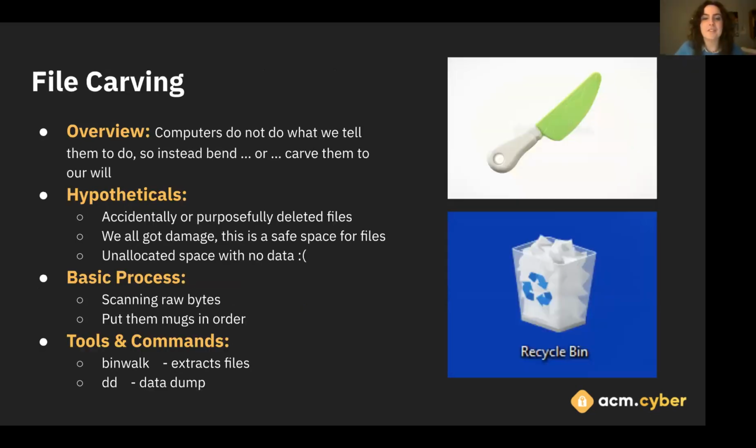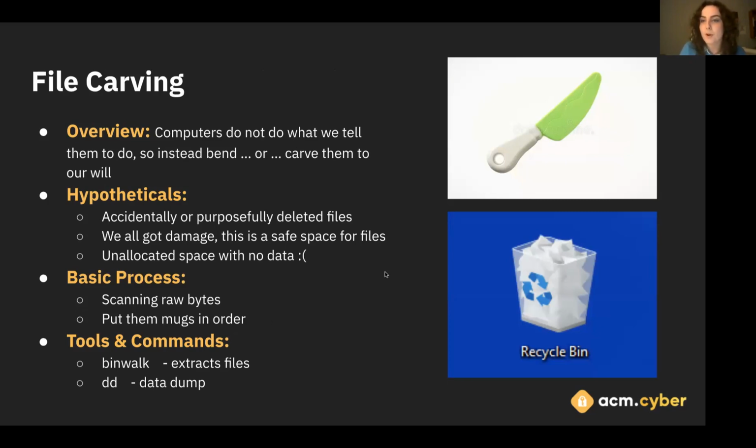So basically, file carving allows you to extract files that could be lost without the assistance of the file system itself. So we're basically going around the file system. Hypotheticals where this would be useful are when there are accidentally or purposely deleted files, if files are corrupted, so there are damaged files, or there are files in unallocated space with no data.